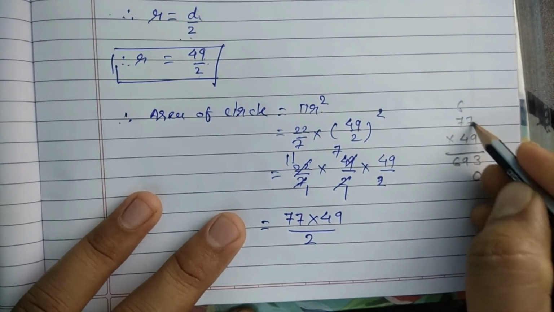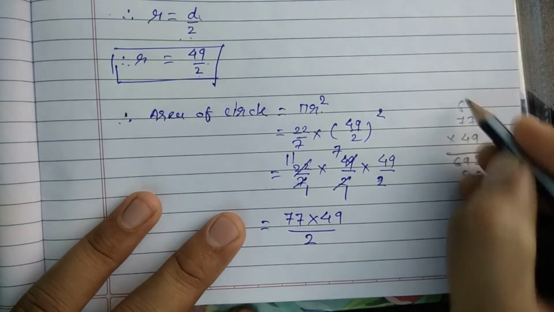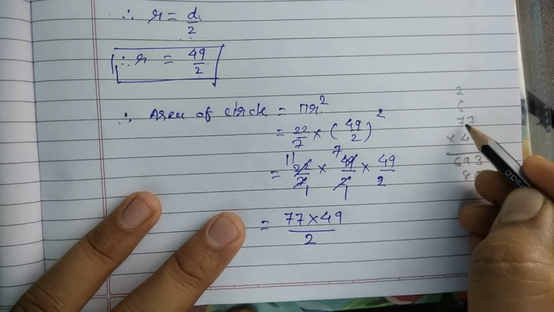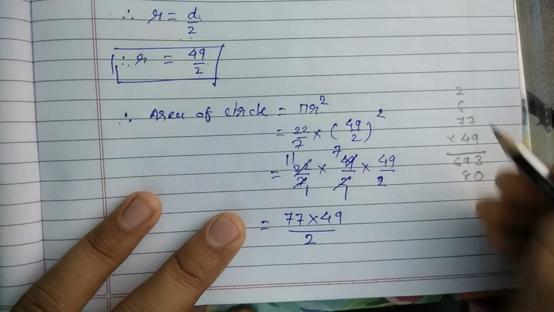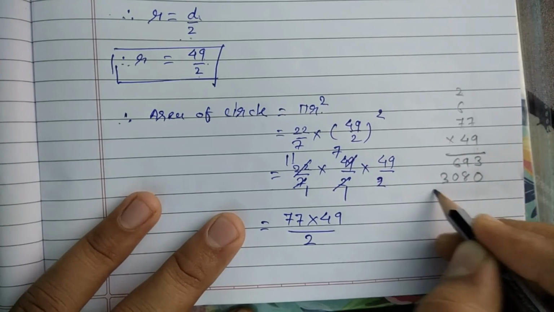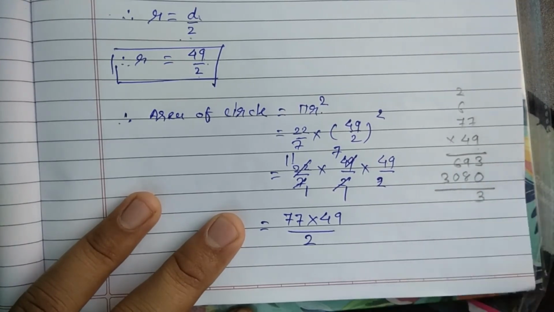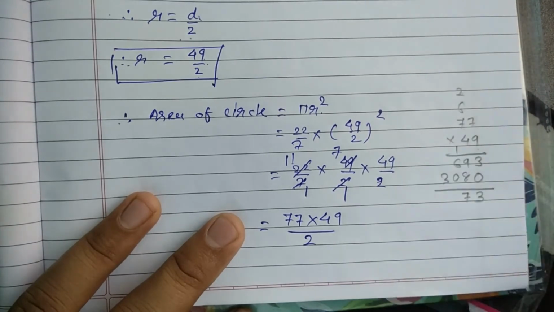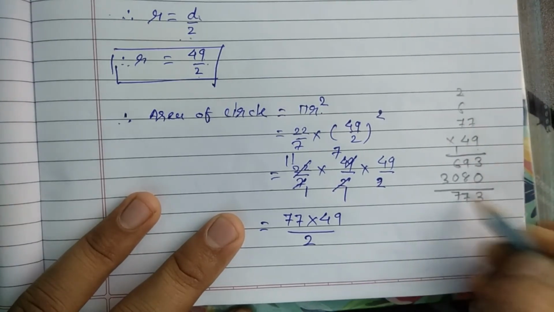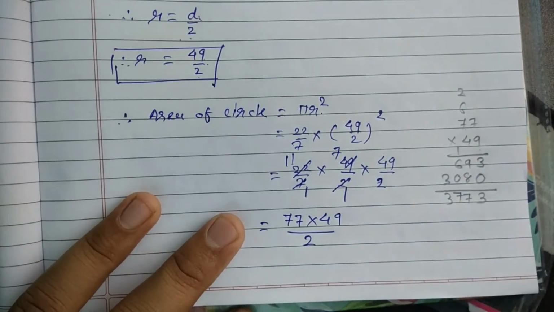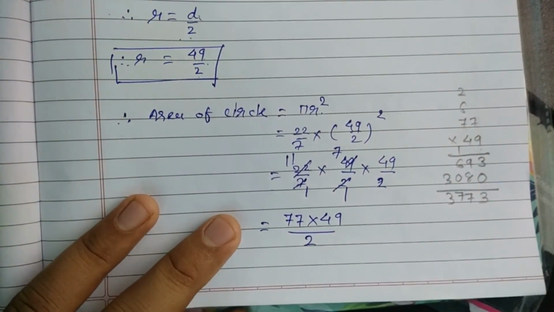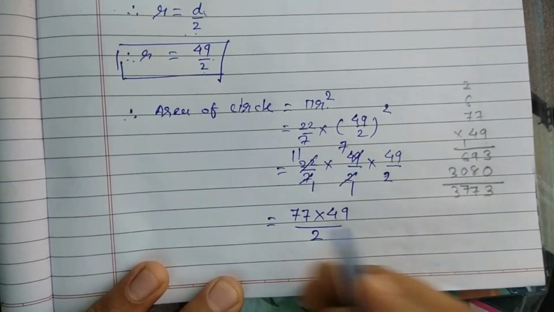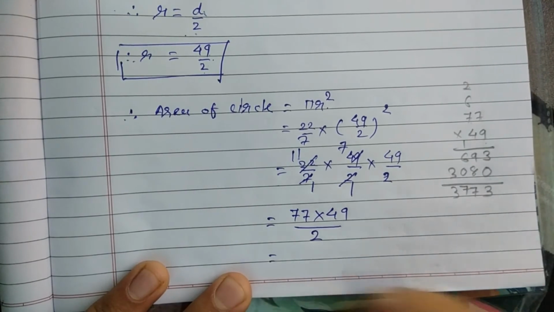Here 0. 7 fours are 28. Here 2 will come. 7 fours are 28 plus 2, that is 30. 3 plus 0, 3. 9 plus 8, that is 17. Here 1 will come. 1 plus 6, that is 7, and this is 3. So when we multiply 77 by 49, we get 3773.